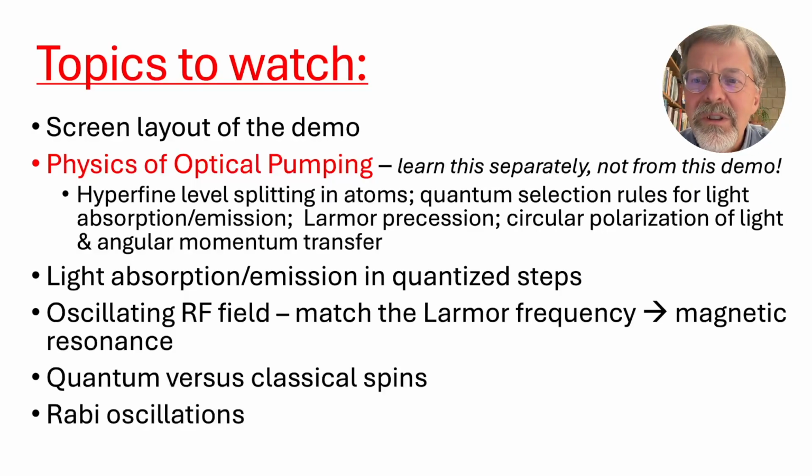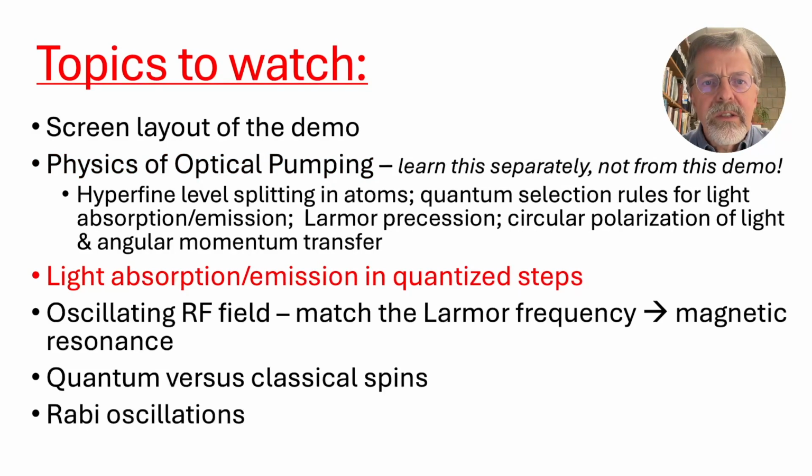This trick only works with circularly polarized light, and that has something to do with angular momentum transfer. So indeed, all of these things you need to proceed to learn, and once you do and get at least a start on that, you'll understand much better what we're about to see.